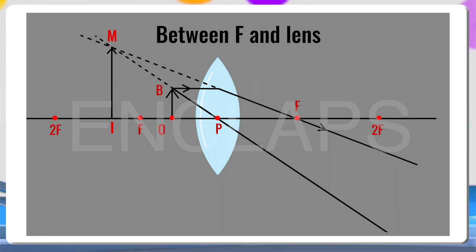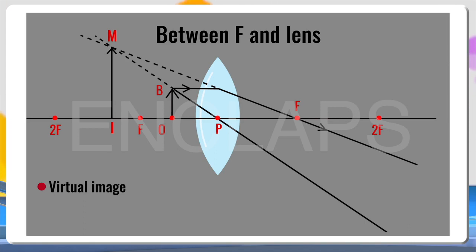The image is said to be formed at I and the height of the image is IM. In this case, the rays are not really meeting at a particular point. Instead, they appear to meet at a point. So, the image formed here is not real. It is a virtual image. A virtual image cannot be obtained on a screen.